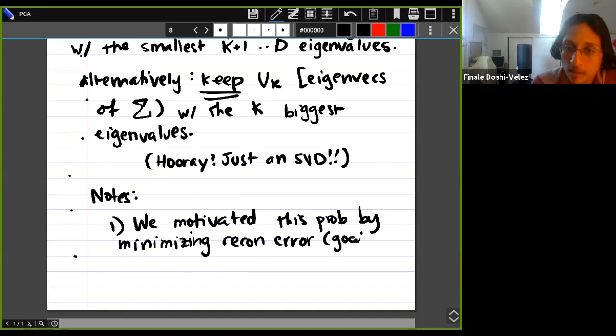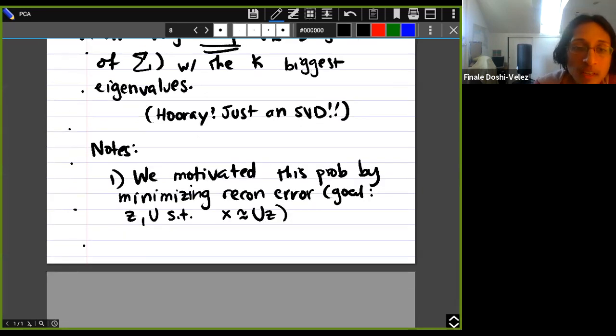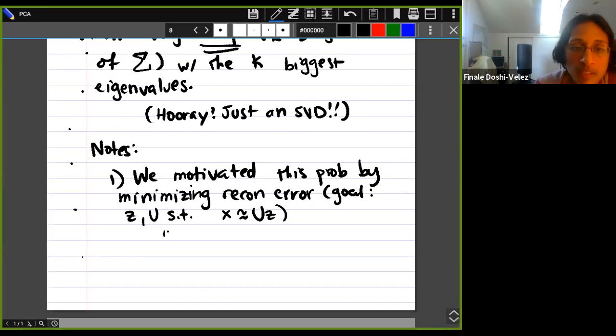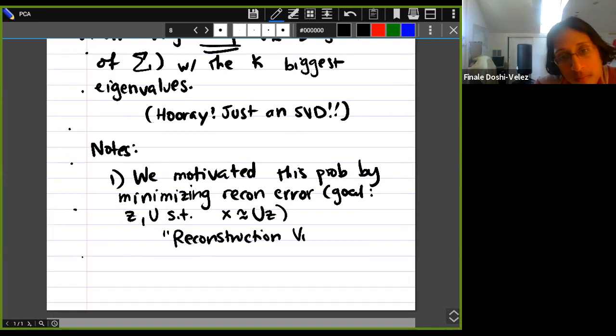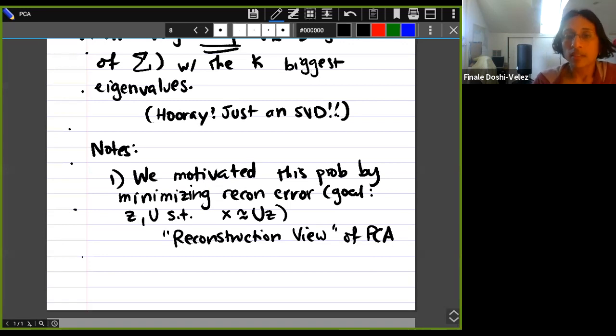The goal was to find a Z and a U such that X was approximately UZ. That's how we motivated the problem. This is called the reconstruction view of PCA. By the way, principal components analysis, the principal components just refers to the eigenvectors, so that's where the name comes from.